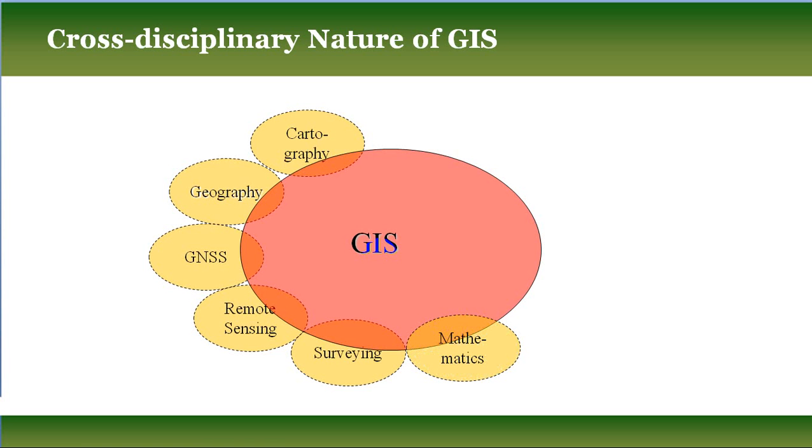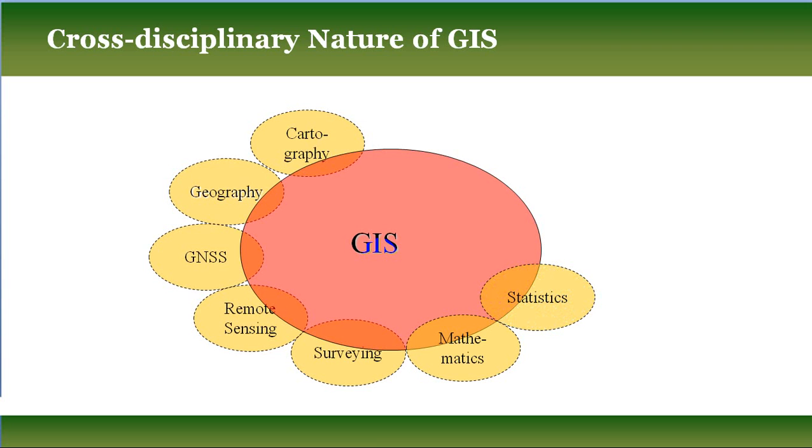Mathematics is a core discipline in GIS, especially for vector data structure, for doing different types of data processing, data manipulation, and for doing data analysis. Different types of mathematical techniques we use in GIS. So a lot of mathematical subjects or topics are applied in GIS.